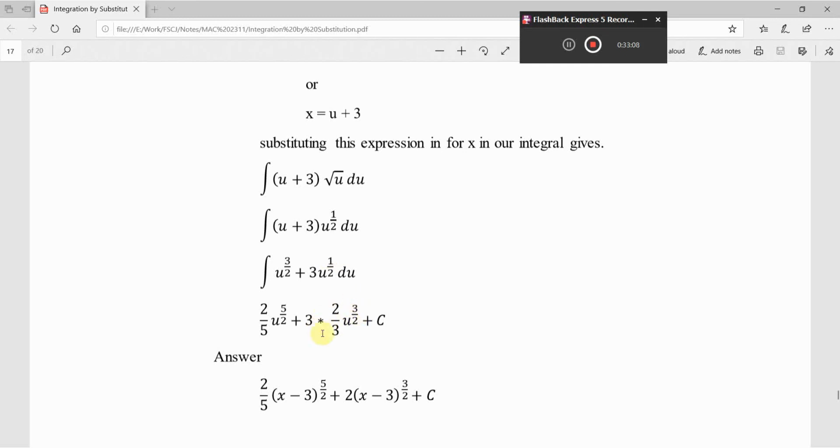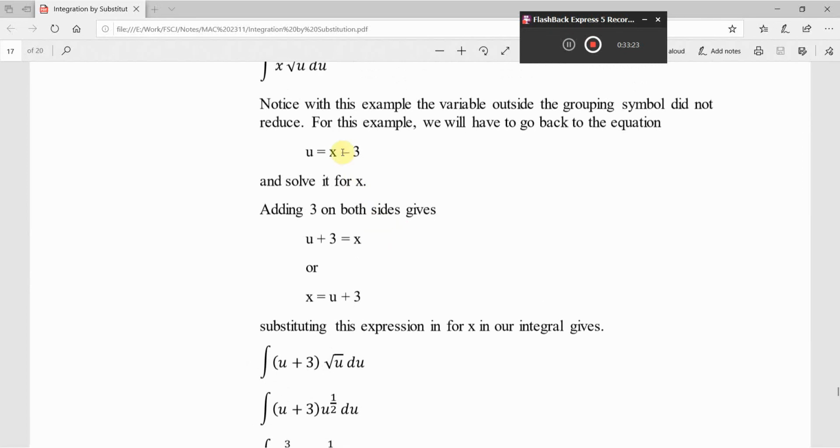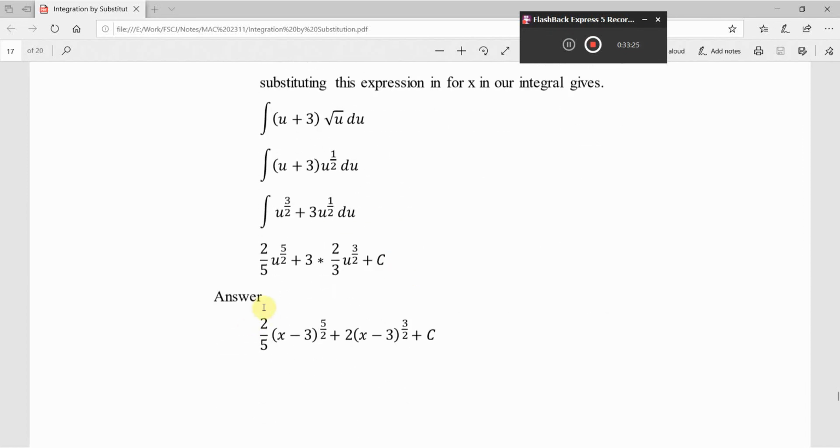Divide by 3/2, which is the same as multiplying by the reciprocal, so 3 times 2/3, u to the 3/2 plus a constant. And then lastly, we're going to replace all of our u's with x minus 3's. So I have 2/5 times x minus 3 to the 5/2 exponent plus 2 times x minus 3 to the 3/2 exponent plus a constant.